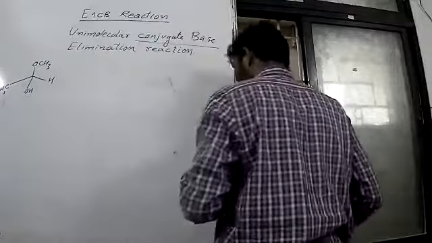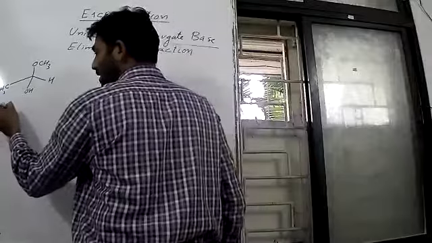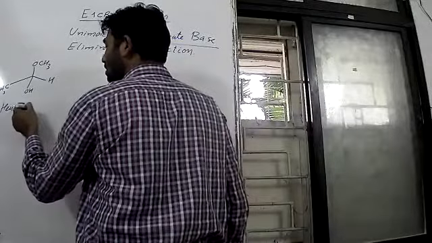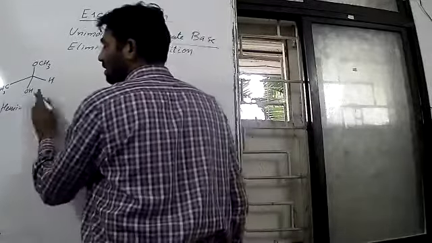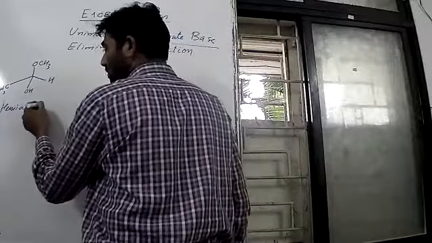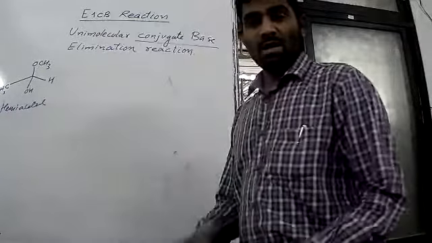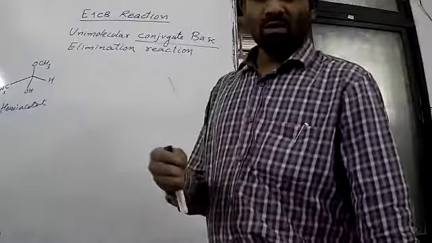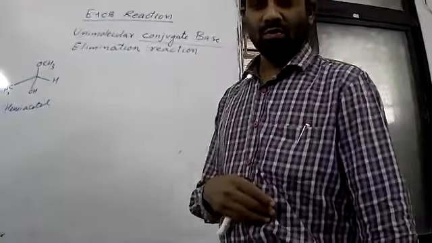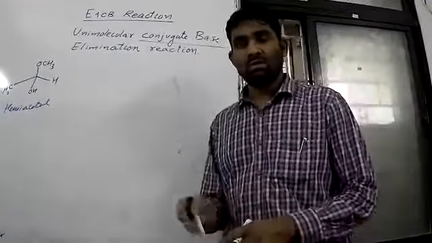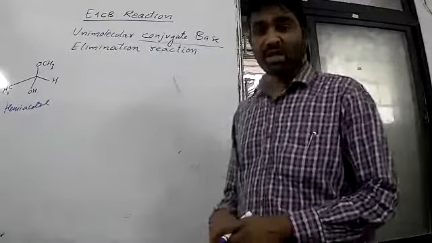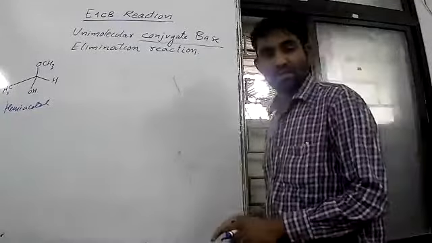So remember, all hemiacetals are very unstable. They are very unstable. So what will happen? They undergo an elimination reaction, and that is the E1cB reaction.